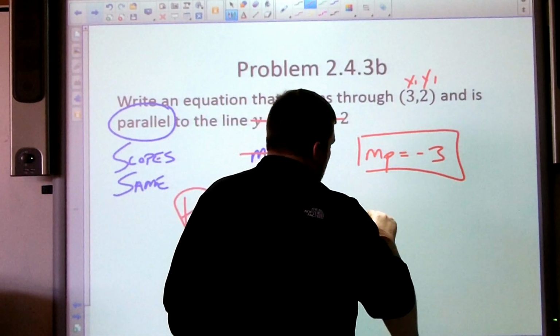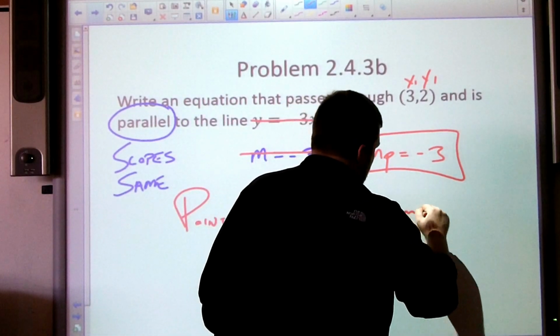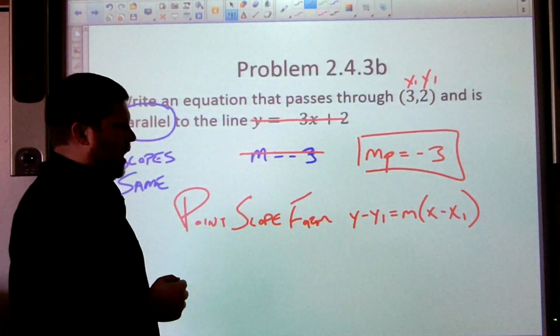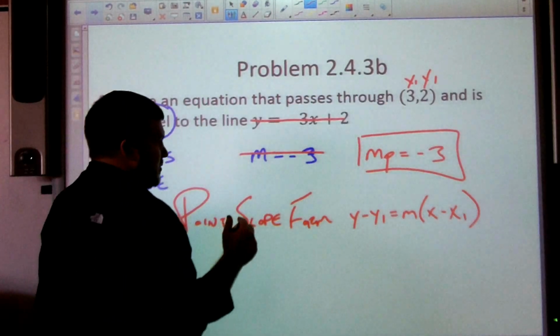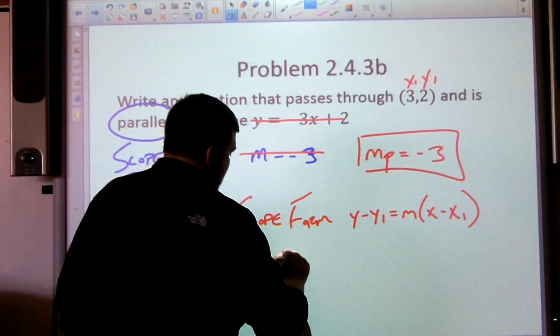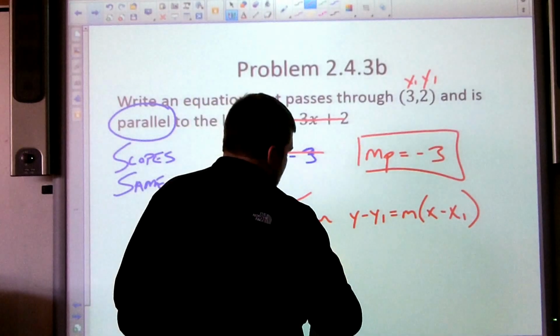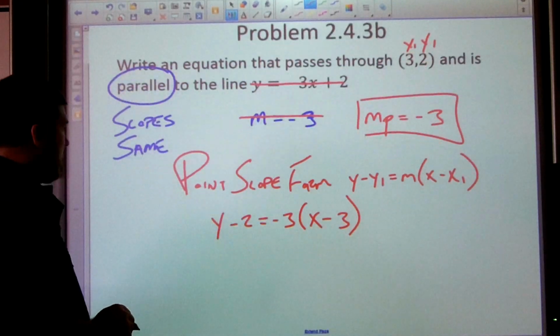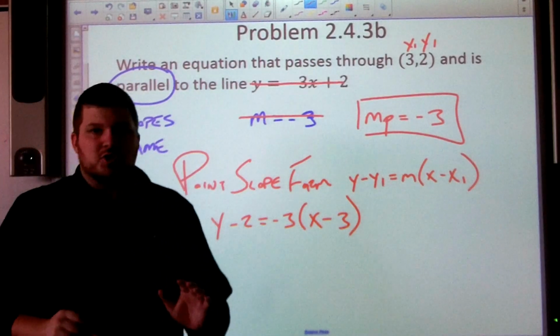So that is y minus y1 is equal to m times x minus x1. And then we just simply plug in what we know. So we have y minus 2 is equal to negative 3 times x minus 3. Now, I said I want to do slope-intercept form.